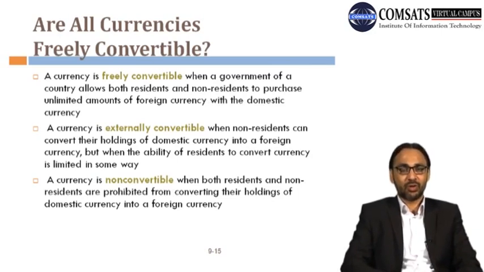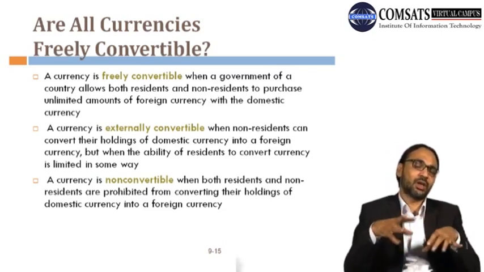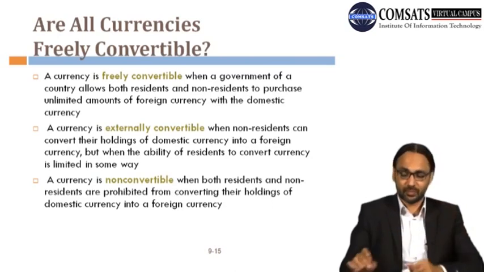However much they want to buy, they can buy foreign currency in Pakistan. But the local residents are allowed with some limitations. There are certain amounts beyond which they cannot convert the Pakistani rupee into foreign currency.